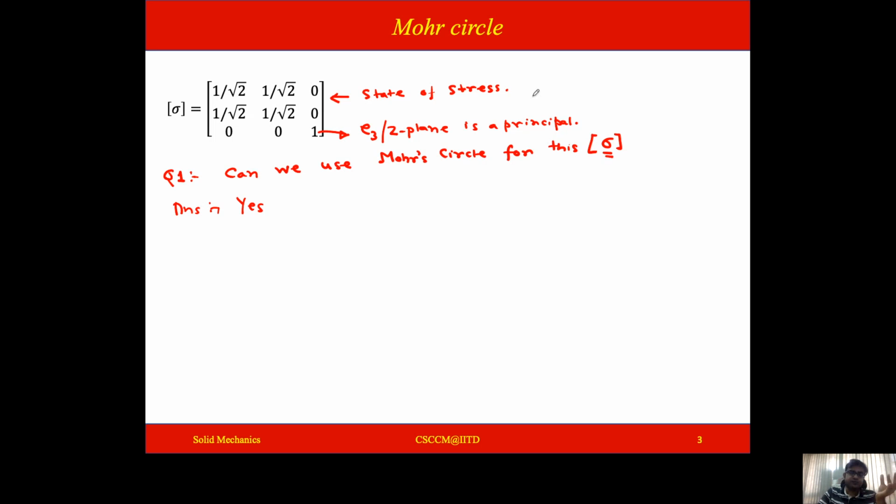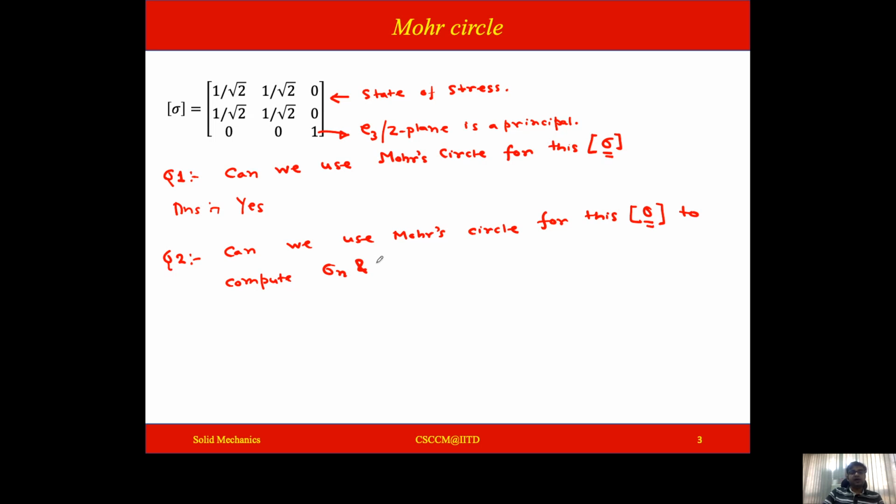Let me ask question 2. Can we use Mohr circle for this sigma to compute sigma n and tau n on the in-plane?